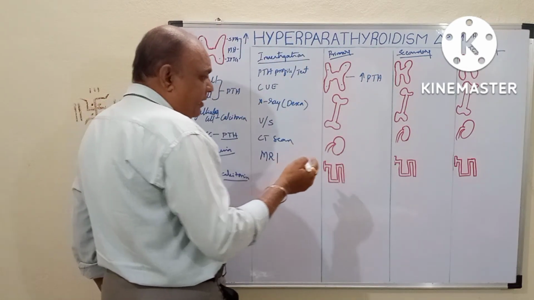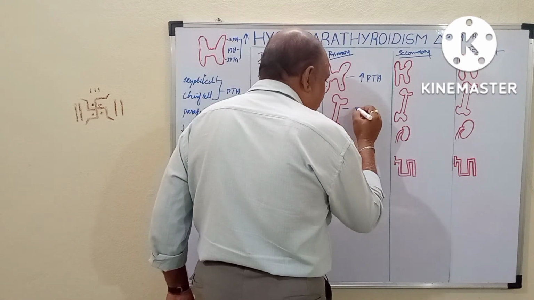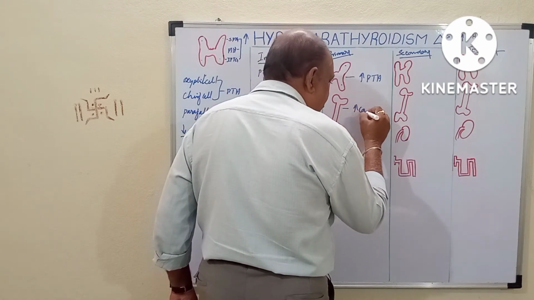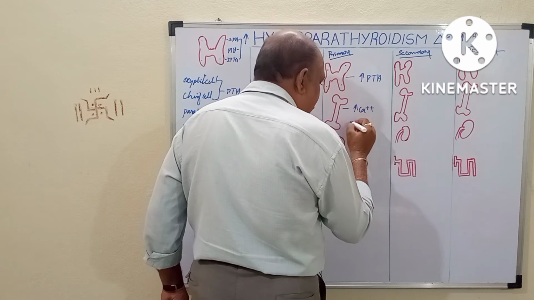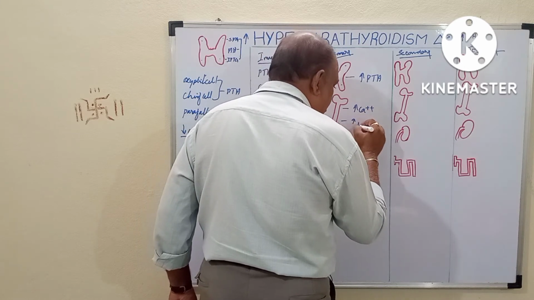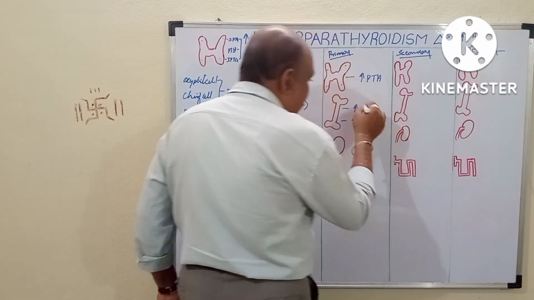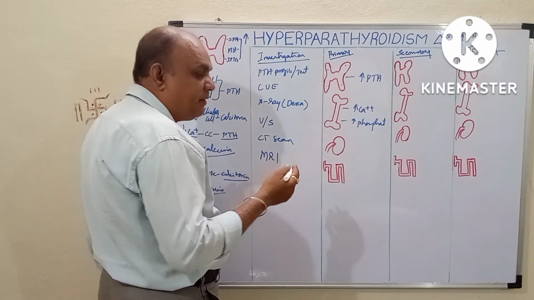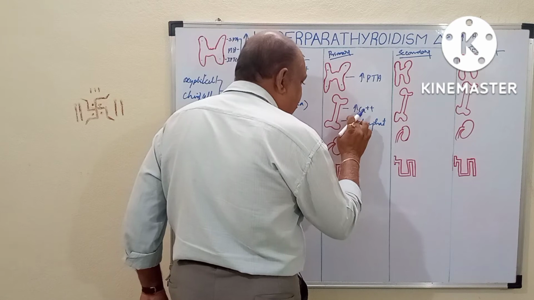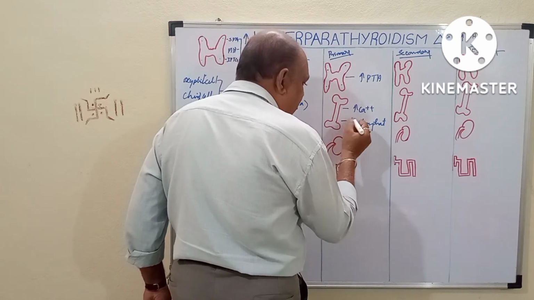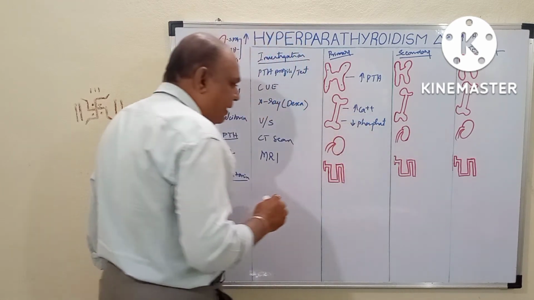When there are high parathyroid hormone levels, the calcium reabsorption will also increase. As the calcium levels increase, the phosphate levels should also increase. But we will see further how this phosphate level will decrease.